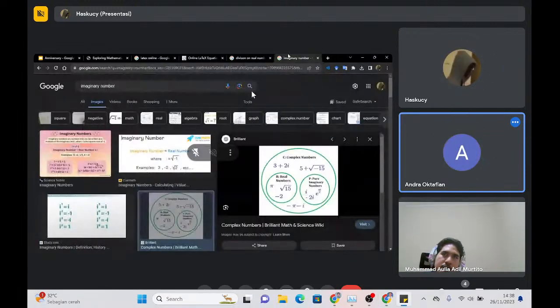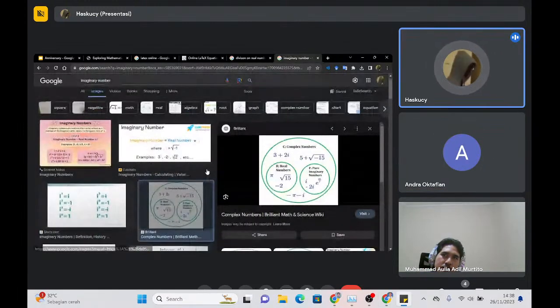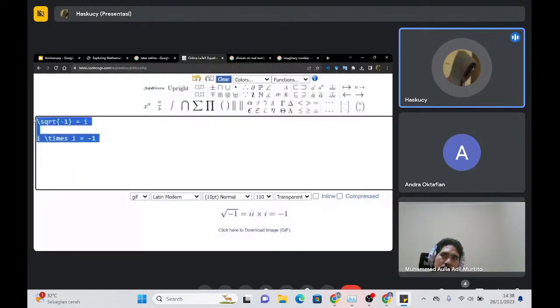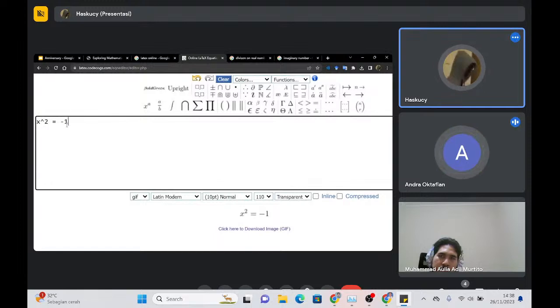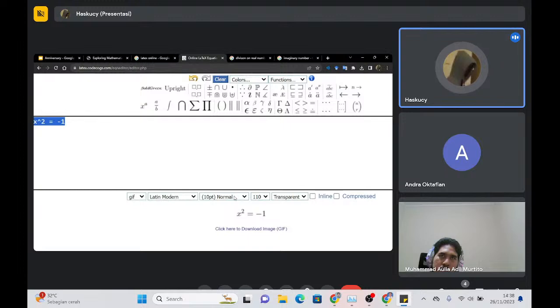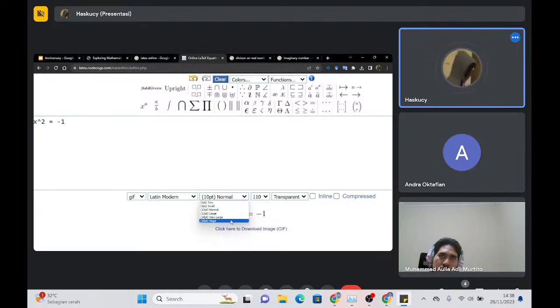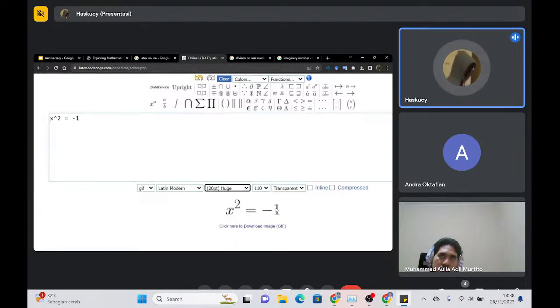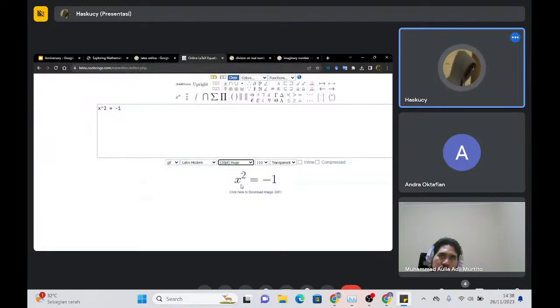For example, imagine you're trying to solve a polynomial, for example, x squared equals minus one. You will not have an answer if you just use a real number there. But if you use an imaginary number, a complex number in this case, you will have an answer.